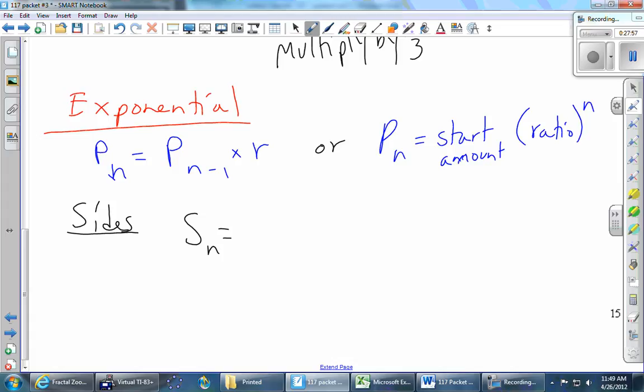Used to be Pn, now it's just Sn equals Sn minus 1, from the, used to be P, now it's S. And the only thing you really have to do here, the only work, is to replace the R with the magic multiplier. What did you multiply by in that first column every time? It was times 4. That's your recursive formula. That's the math way to say times by 4 every time.